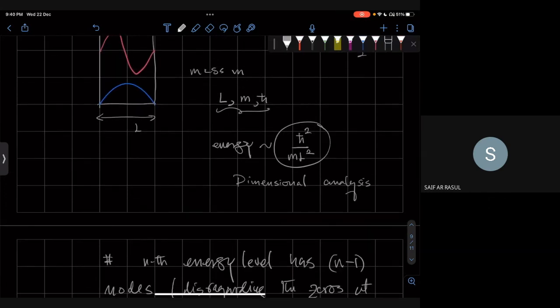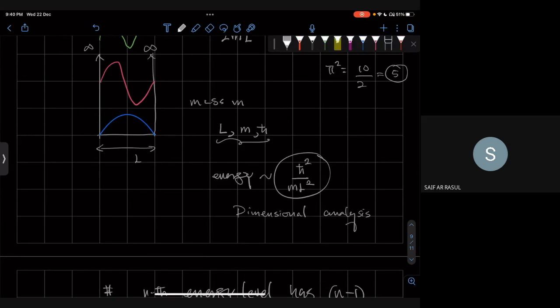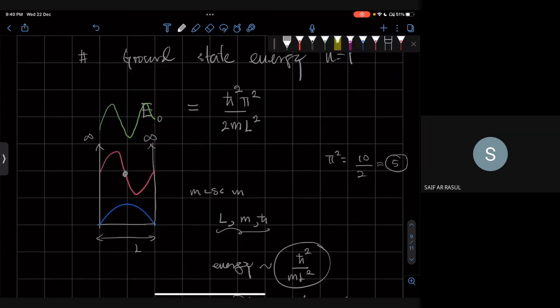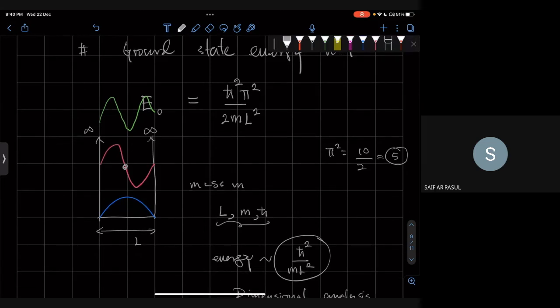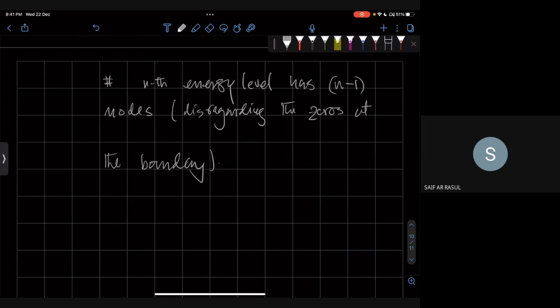And the first excited state will have one node, and that node being this point. And the next excited state is going to have, I didn't draw it right. So let me draw it right. So this is the good thing about having a heuristic, right? So we can actually correct ourselves. Oh dear, what happened to my drawing today? Okay, so this is going to have one node here, another node here, two nodes, right? Okay, and so on and so forth. And this is a feature which is going to be preserved for all one-dimensional bound states, okay?